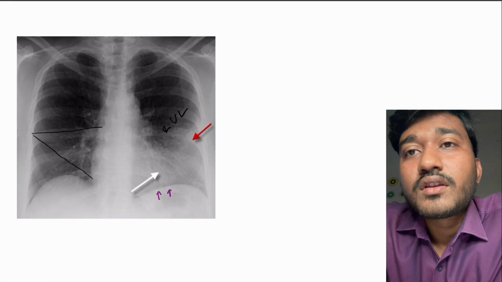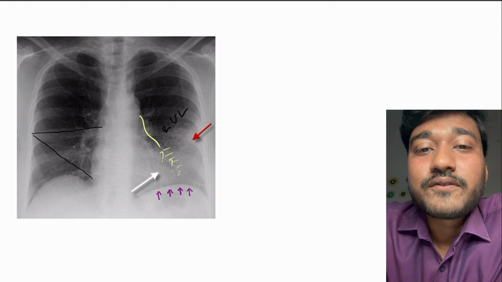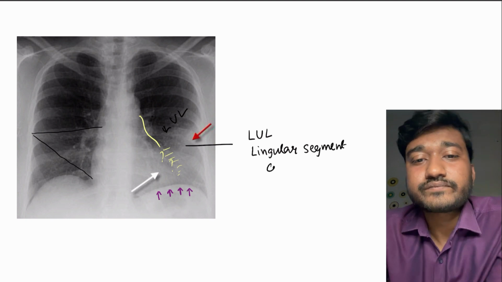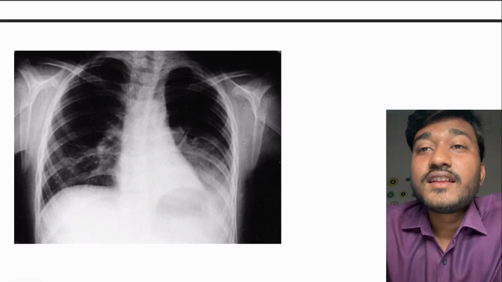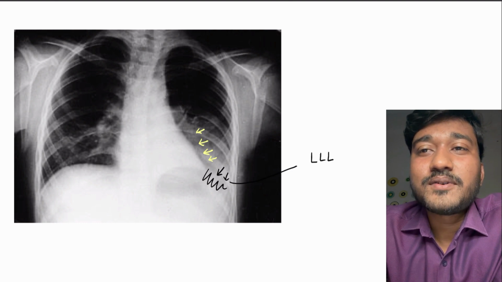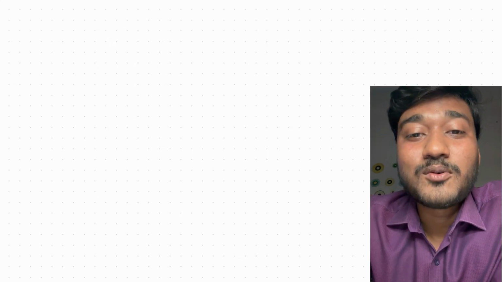In this photo please see, the left border of the heart you can't make out, therefore this is probably lingular segment of left upper lobe consolidation. In this photo, can you make out the left border of the heart? Yes, obviously, but the left dome of the diaphragm you cannot make out properly, therefore this is left lower lobe consolidation.